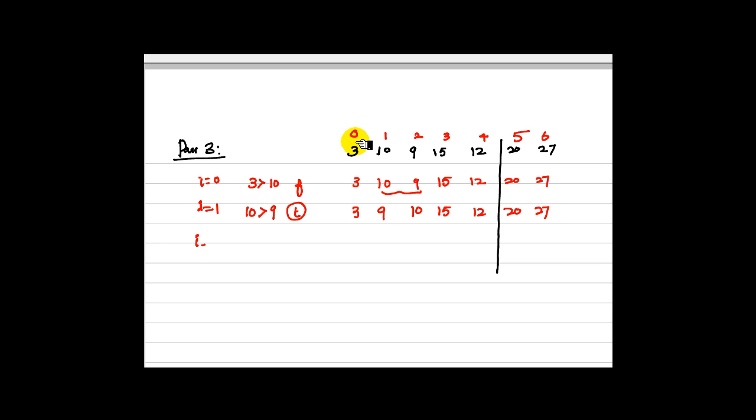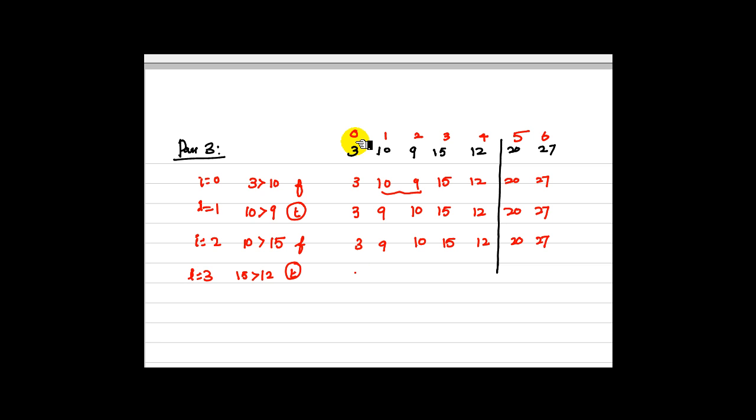Now i gets incremented to 2, and it checks whether 10 is greater than 15. It is false. So we don't have a swap between these two elements. We have the numbers retained as such. Now i gets incremented to 3, checks whether 15 is greater than 12. It is true.